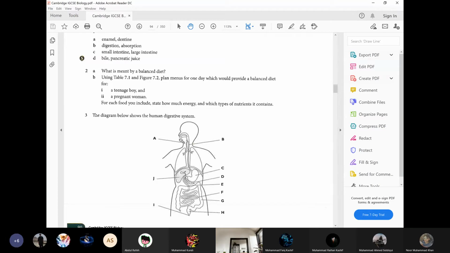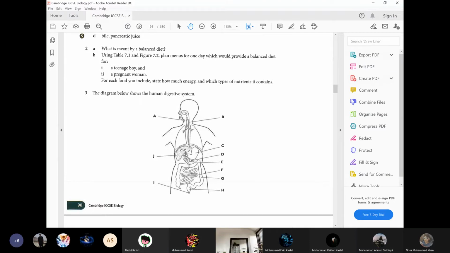Understood? Yes, sir. Next, what is pancreatic juice? It is produced by the pancreas. It contains carbohydrases, proteases, and lipases. Right, boys? Yes, sir.